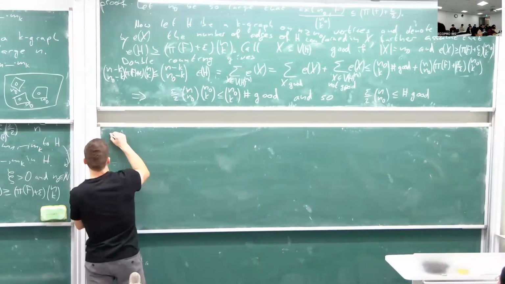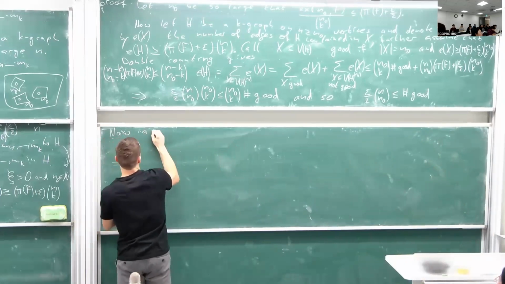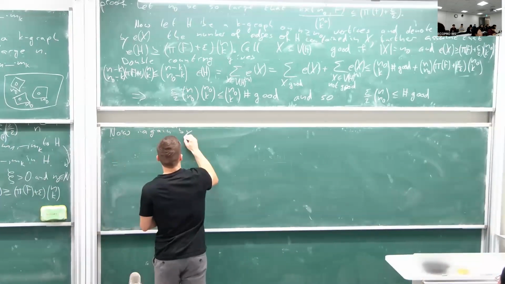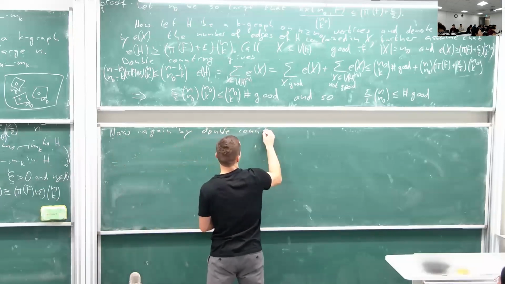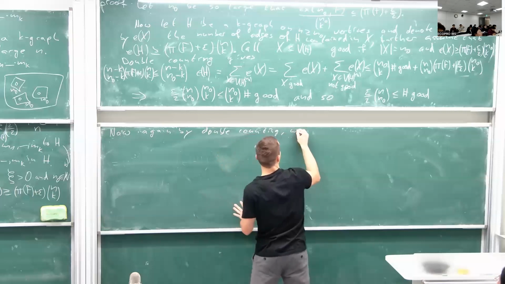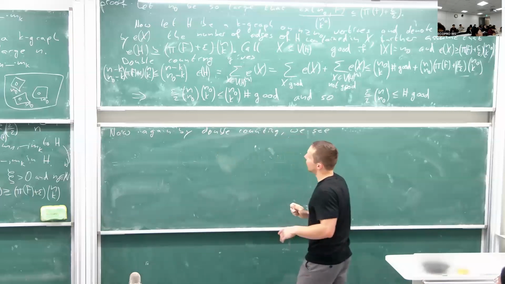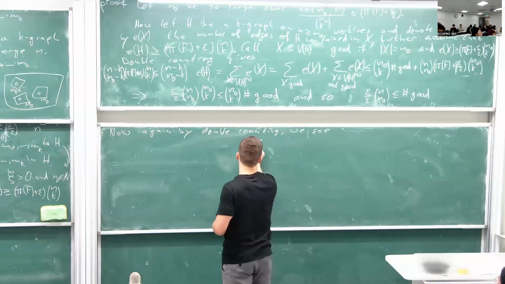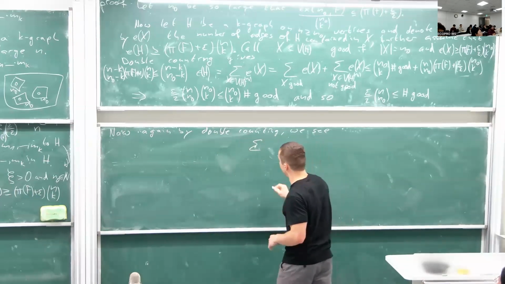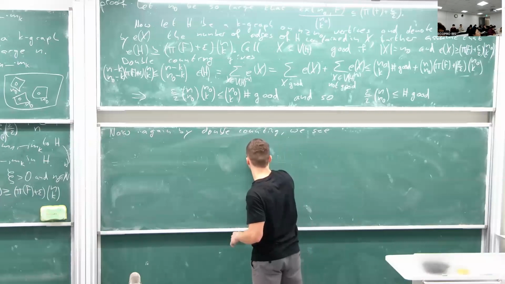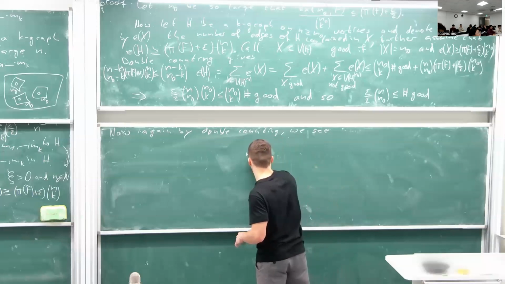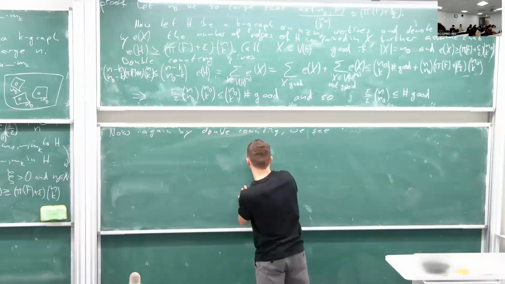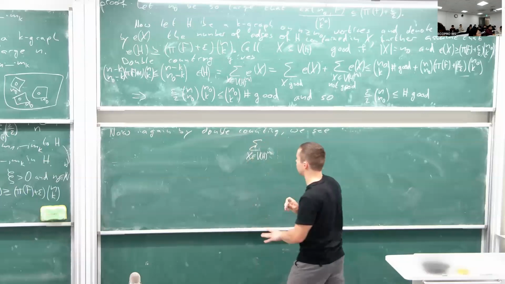So now again, by double counting, let's sum over all sets X of size n0.